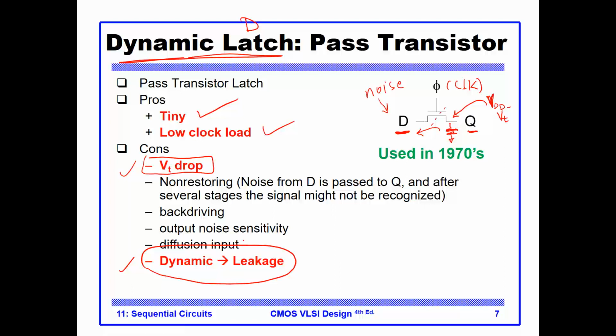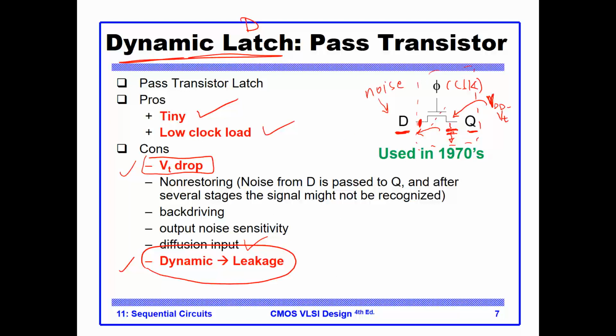And input diffusion: notice that the D is looking at an input diffusion. We don't like this input diffusion. First of all, the capacitance calculation is not trivial. Plus, sometimes you see the gate closed, and sometimes you see it open. So we typically don't like this to be the interface of a latch to the outside world.